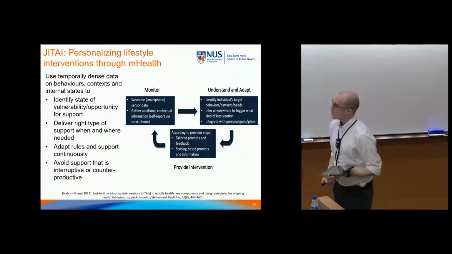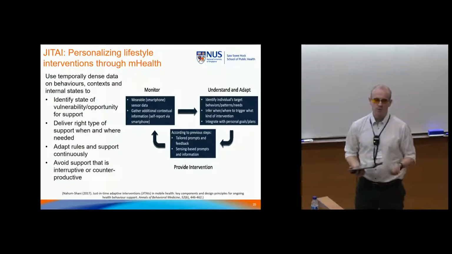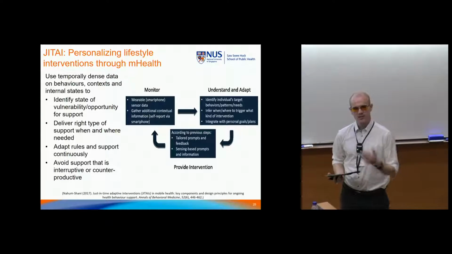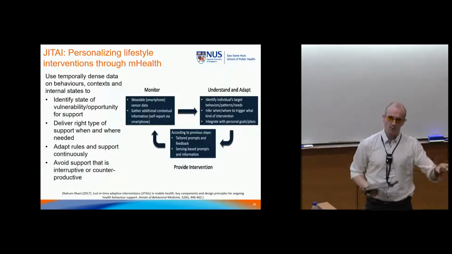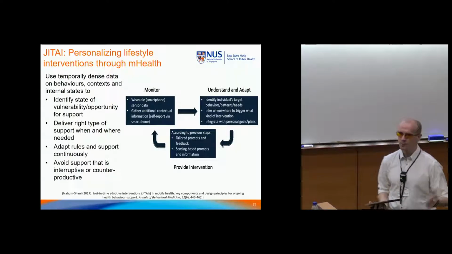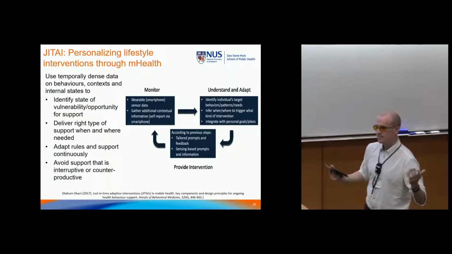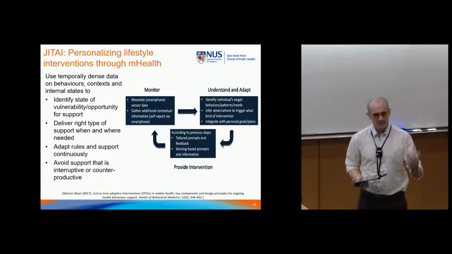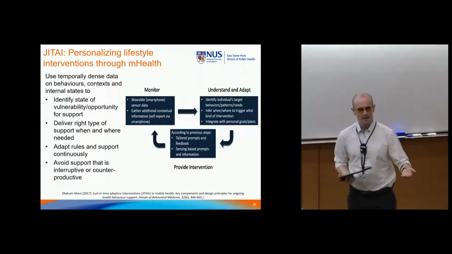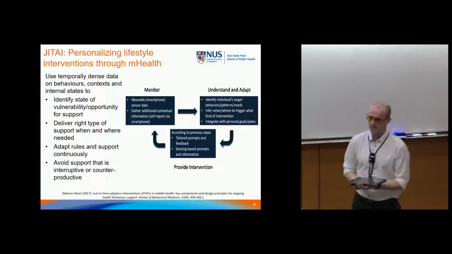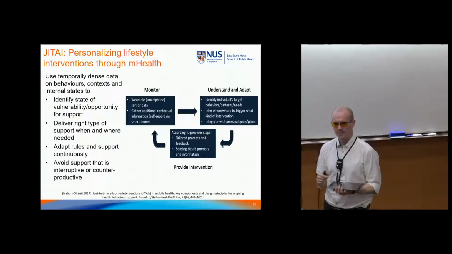And we are hoping that we can deliver the right type of intervention for this particular person at the right point in time as well. So for instance, when you're entering a food market or a food court or hawker center, we could hope to, at this point in time, provide you the right information to choose a healthier lifestyle over an unhealthy lifestyle, or a healthier diet over an unhealthy diet.